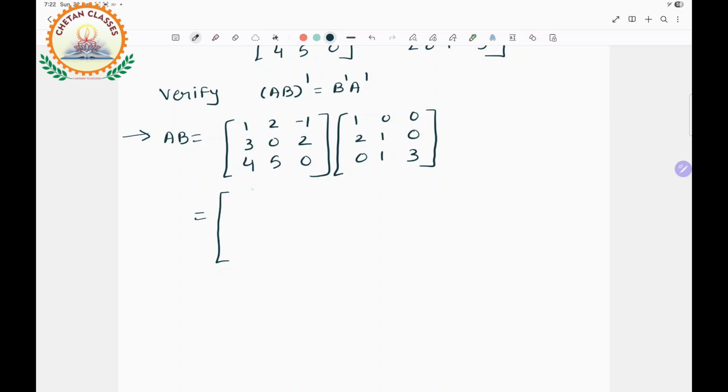So first row first column I write here directly. So here 1 plus 4 plus 0.